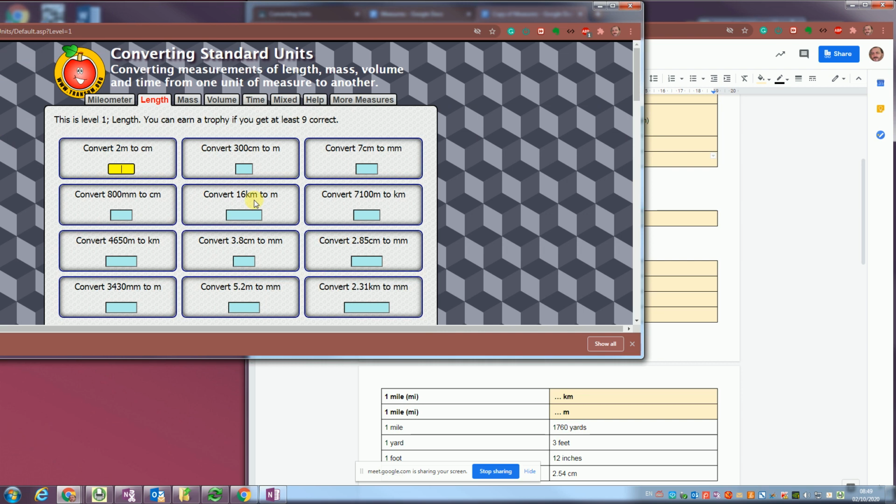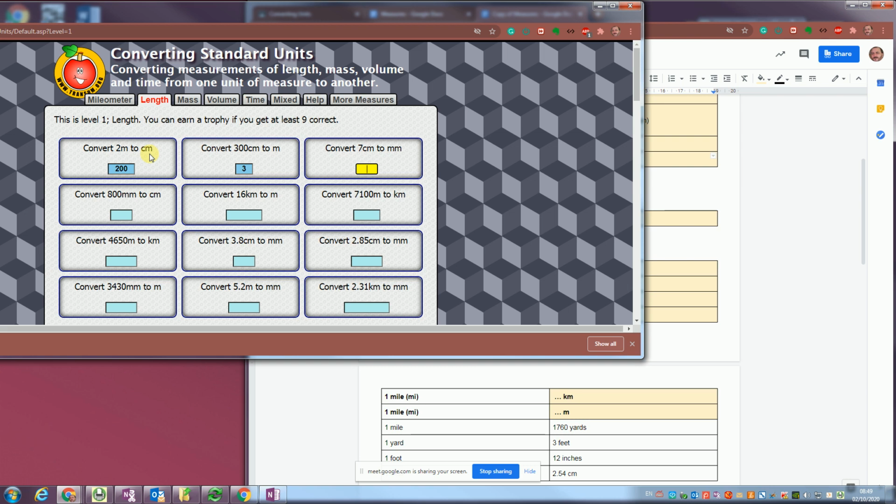You'll be checking yours, but things like 2 metres in centimetres, well, 1 metre is 100 centimetres, so 2 metres is 200. 300 centimetres, 100 centimetres is a metre. I've got 300, so I need 3 metres. Conversions of centimetres and millimetres.